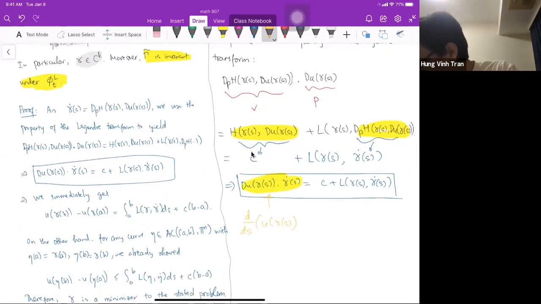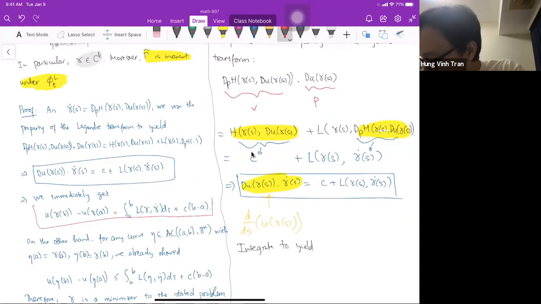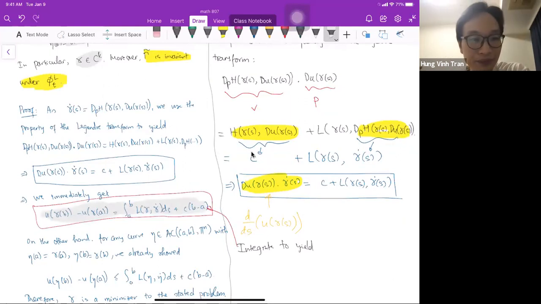So you have that, and then you just integrate to u. Let's put the red box here to use the one on the left panel. Okay, so you have nicely that u evaluated at the two endpoints equals the action on gamma.